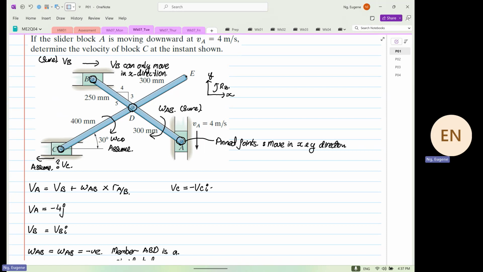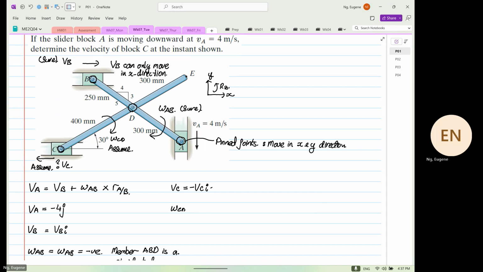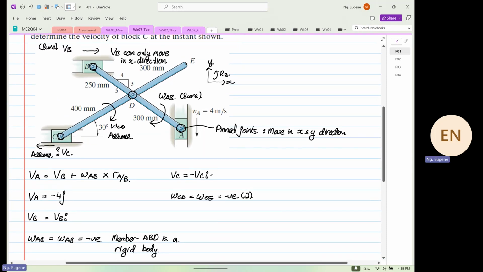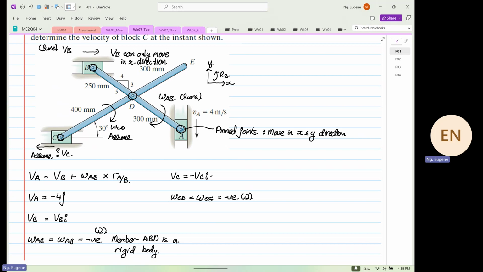The next thing that we can conclude is that omega CD is also equal to omega CE, and it's also going to be negative, claiming that it's going to rotate clockwise. I put down negative here again, declaring that it rotates clockwise. So these are the things that from a diagram like this, we have to analyze. Are we clear? Write this down first, then you'll be fine.